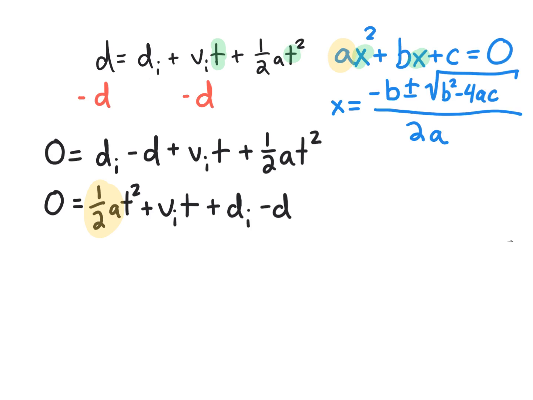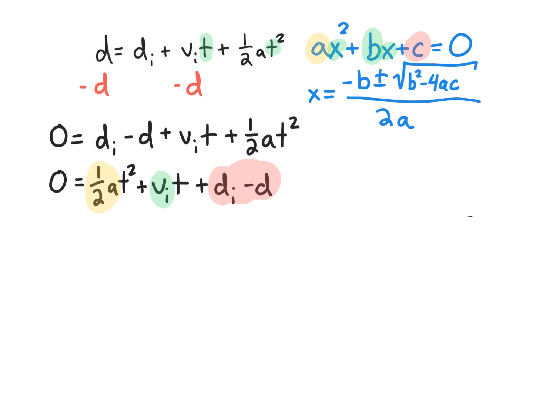My b is going to be v sub I, because it's multiplying just the t to the first power. And then my leftovers that are not multiplying a t to any power, that d sub I minus d, that's going to act like my c. So I have to use the quadratic equation and basically just plug in stuff.